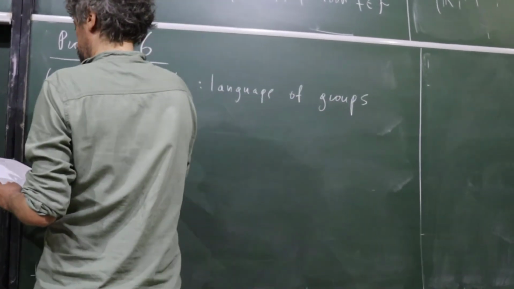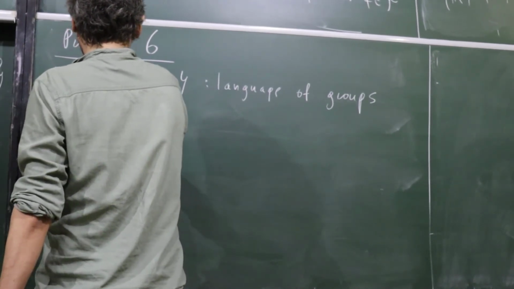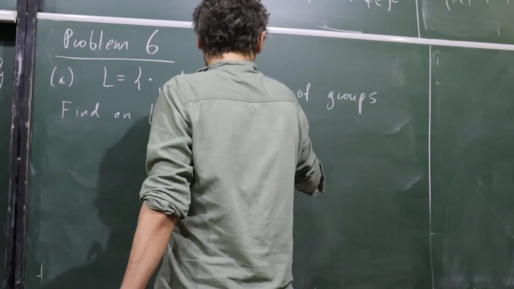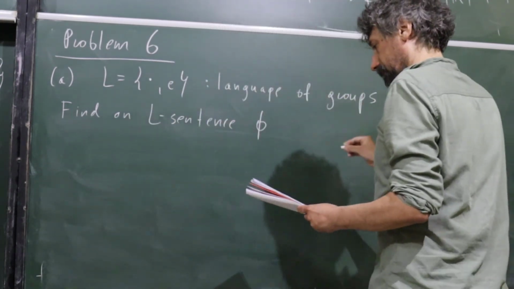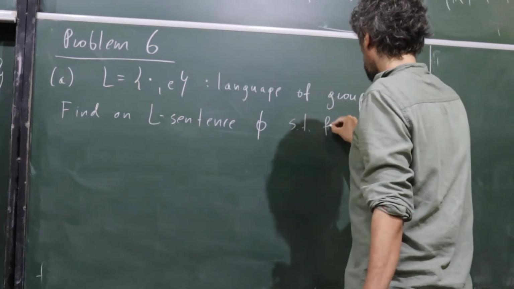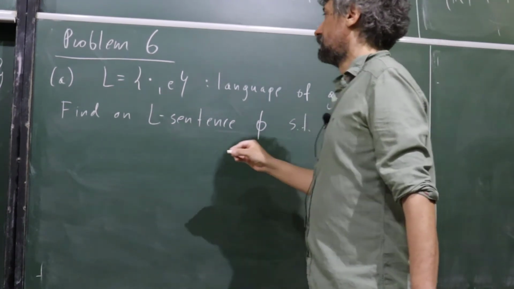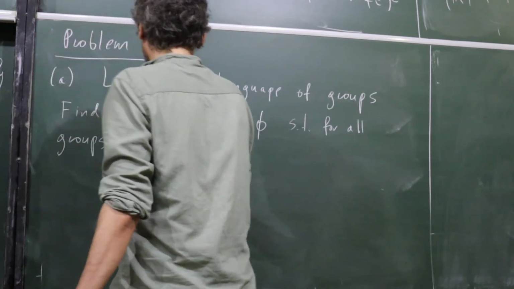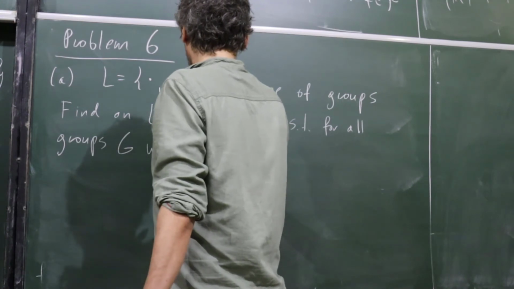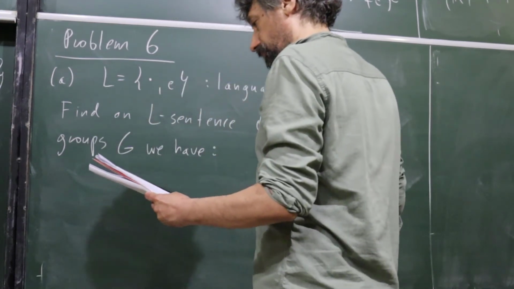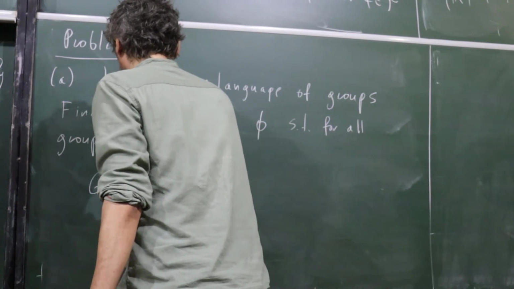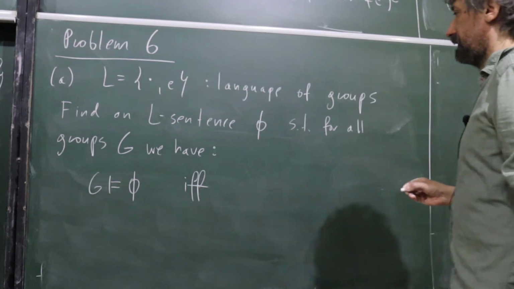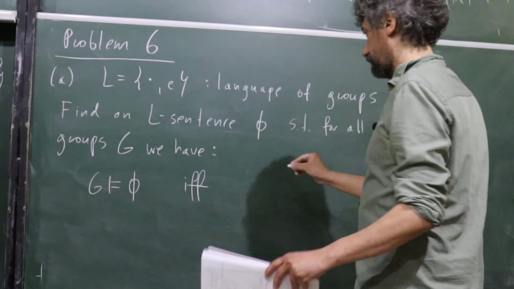So find a sentence such that for all groups G we have that G satisfies the sentence if and only if it is isomorphic, let's say, to the Klein group.